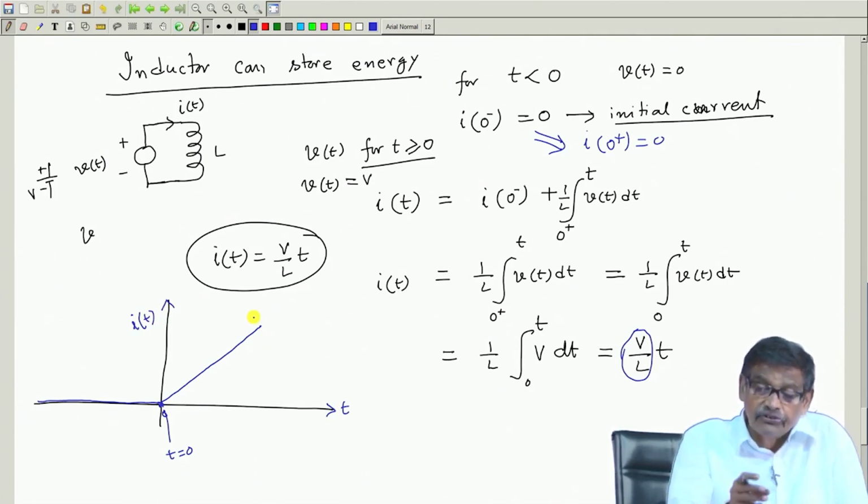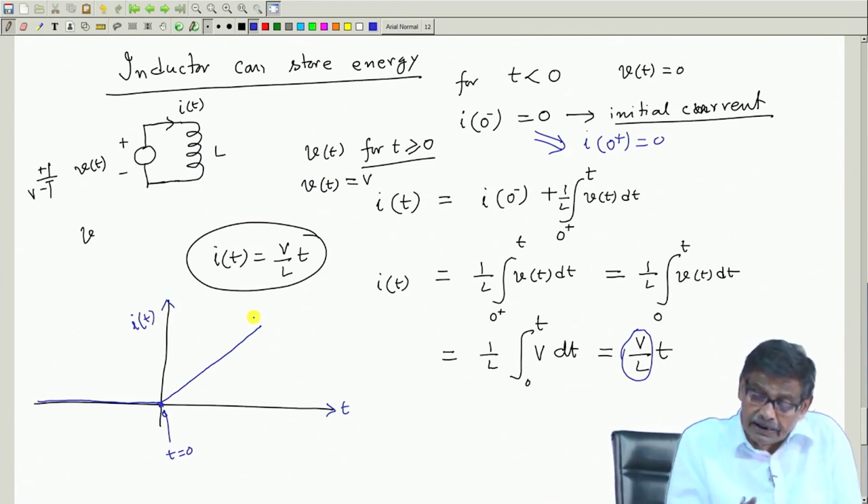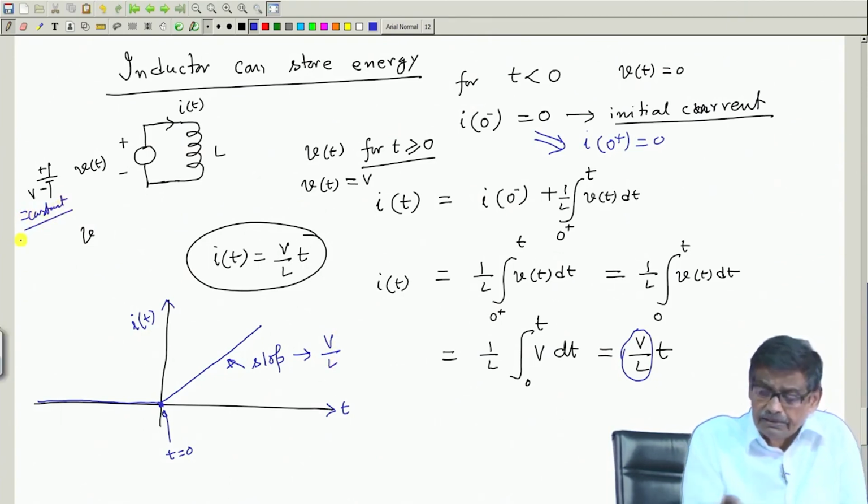So, apply a constant voltage across a pure inductor, and the current will rise linearly. The slope of this curve depends upon the magnitude of the voltage, constant voltage by L. This is constant, battery you have connected.